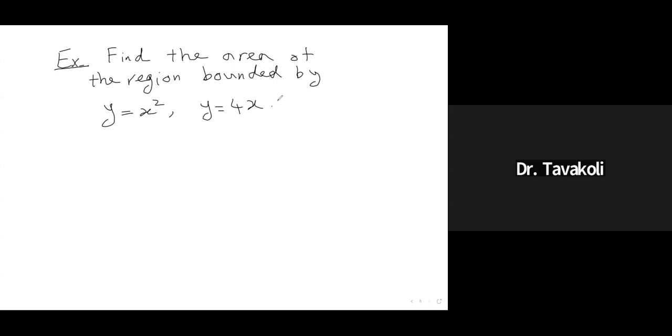First, I need to know for which x's these two functions will be equal. In other words, these are the x's where the two graphs intersect. So when I want to solve this, first set x squared equal to 4x and solve the equation.